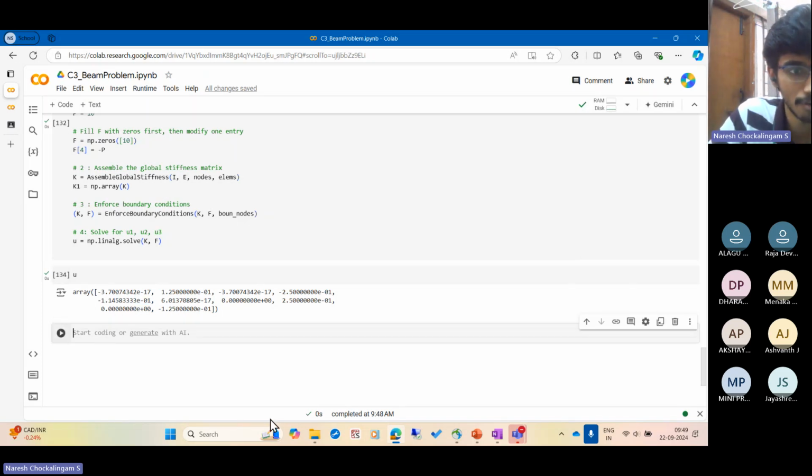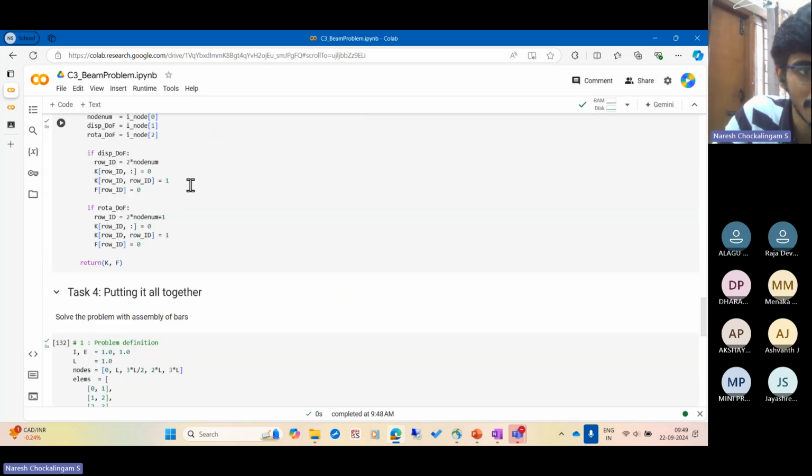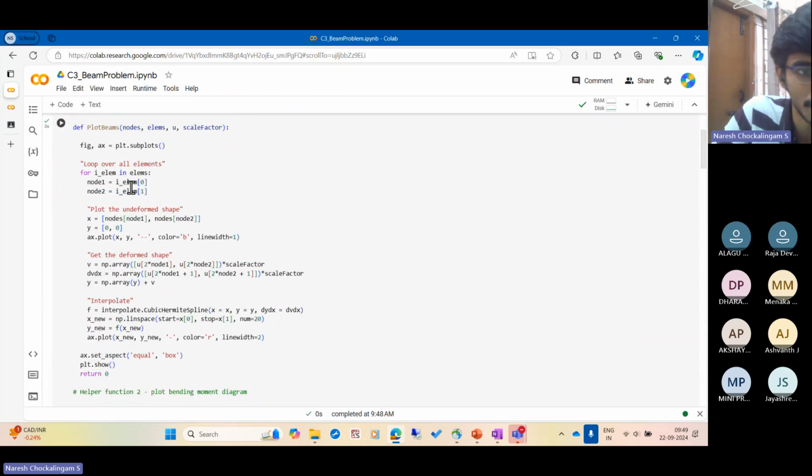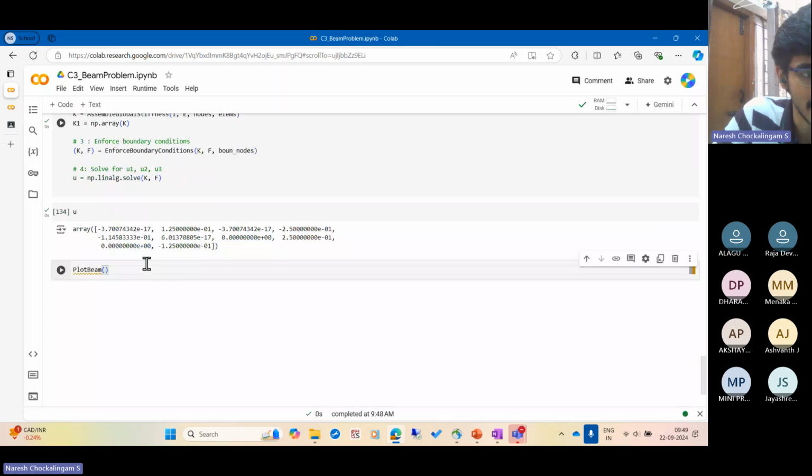So it is fine. Now if you want to visualize the deformed shape, I have this function. You just say plot beam. I'm not explaining how I coded it because this is meant for a structural workshop, right? This is just coding. You can reuse the code for other things, and you can understand it easily. So just use the code.